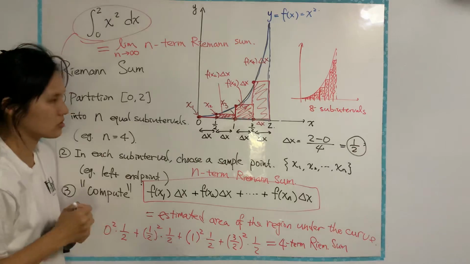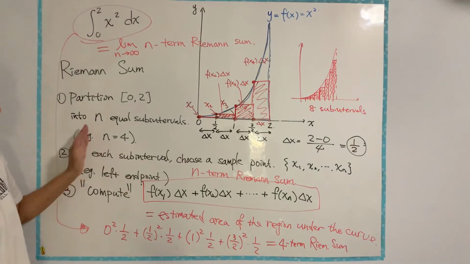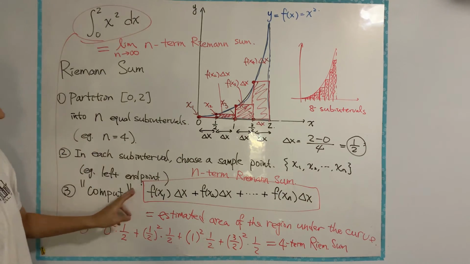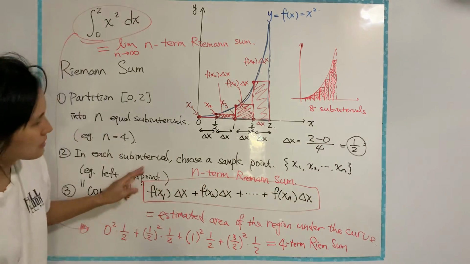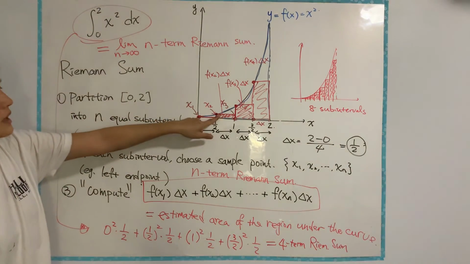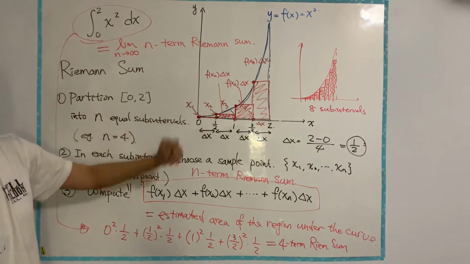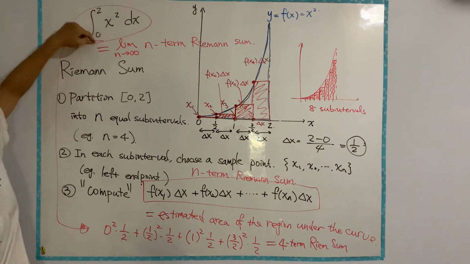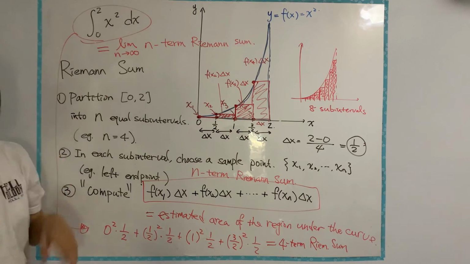Okay, so eventually you have n approach infinity, and the limit of these Riemann sums will just be the area of the region under the curve over the interval 0, 2, or whatever you have in here for your lower and upper limits.